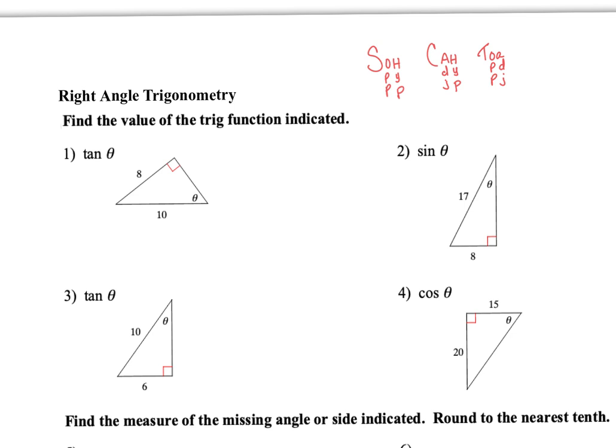So it is always relative to the angle that you're talking about. The first thing you want to do when you come up to a problem like number 1 is figure out where your angle is. My angle is right here. That's where they have that theta. If I were to stand in the corner of that angle and walk all the way across, I would get to my opposite side. Stand in the angle, walk across, you get to your opposite side.